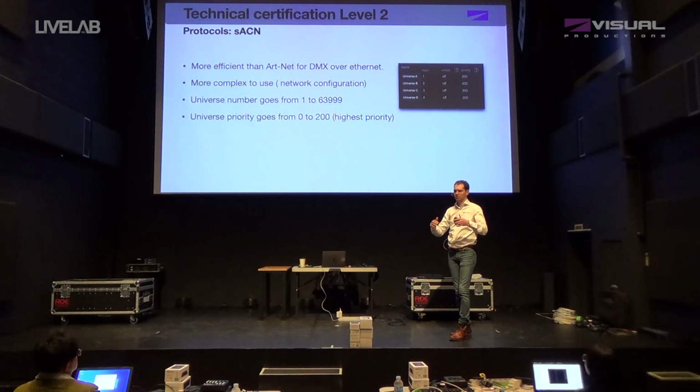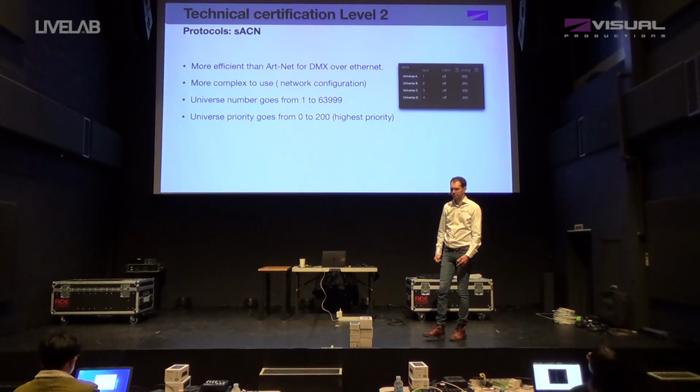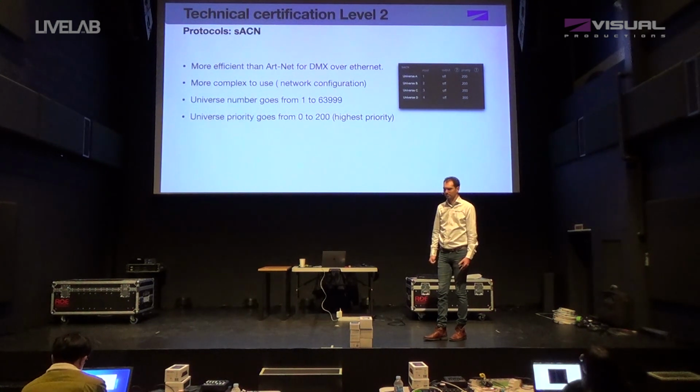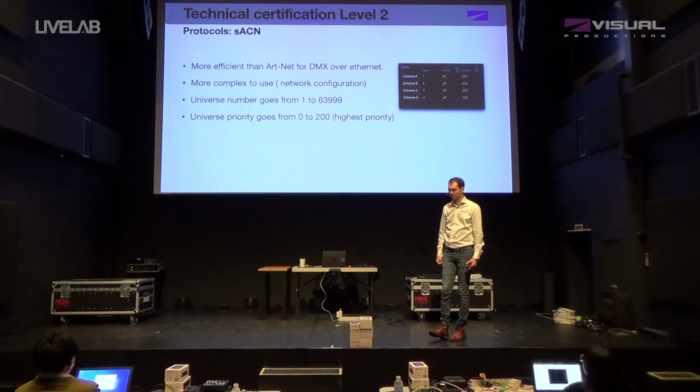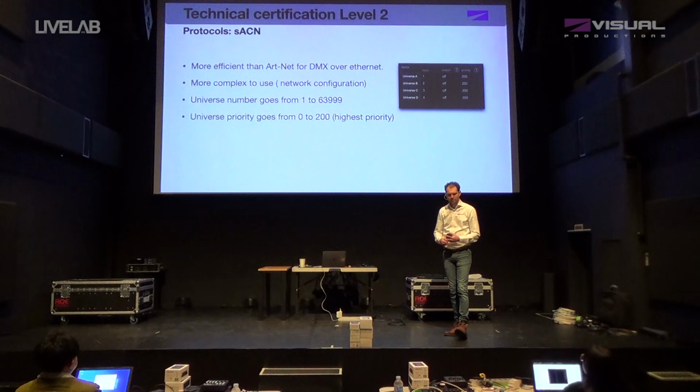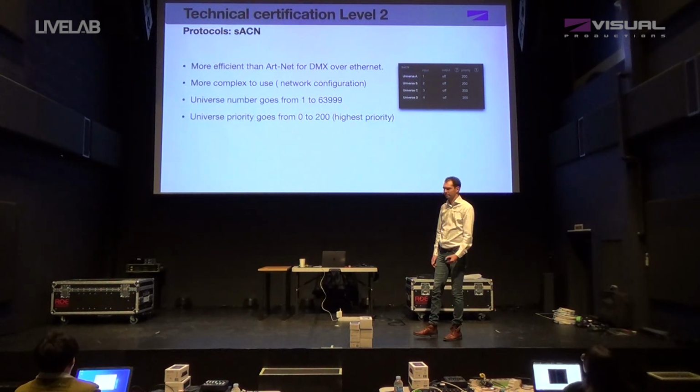So if one fixture is receiving sACN packets with priority 100 and sACN packets with priority 200, it will always use the highest priority packets. That allows you to do some merging without using mergers.